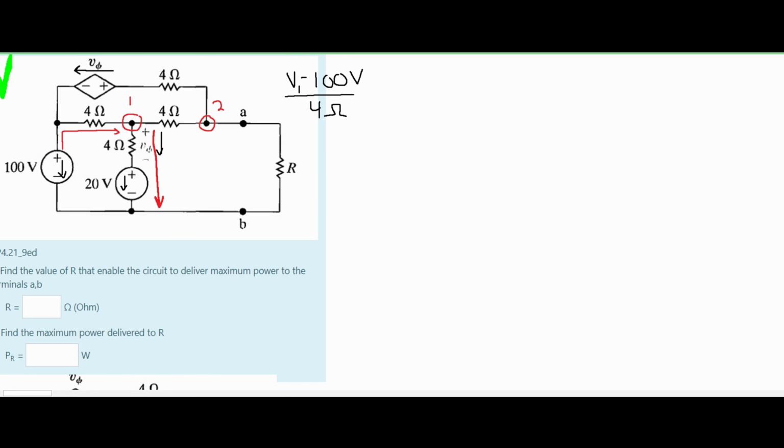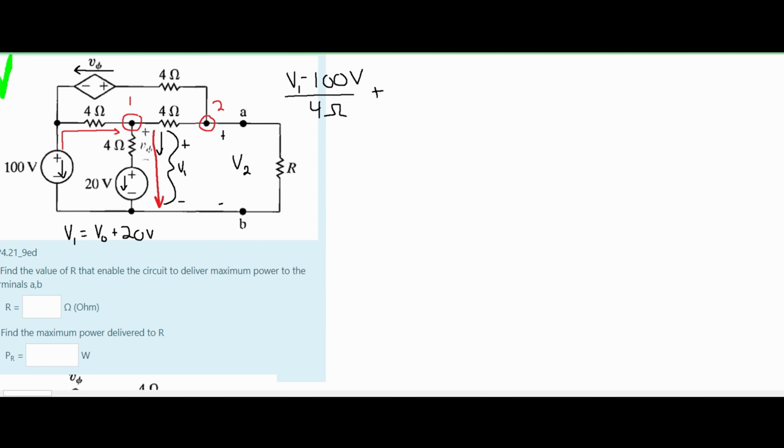So we notice over here, we have our V0, and then we have this 20 volt source. Well, we know that our voltage for V2 is going to look like this, and then we're going to have the same thing for our V1. However, our V1 is the voltage across this entire piece. So when we do this, we are going to have a plus, and we can actually write this out down here. V1 is equal to V0 plus 20 volts.